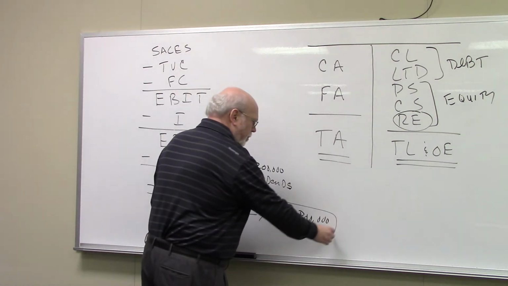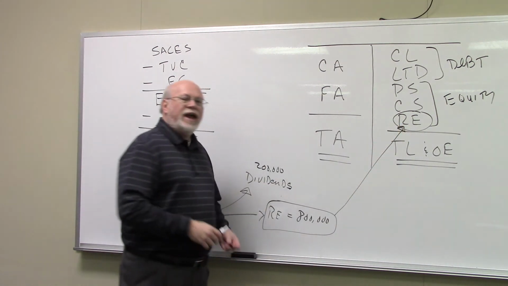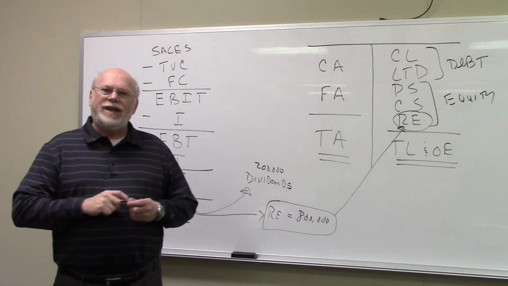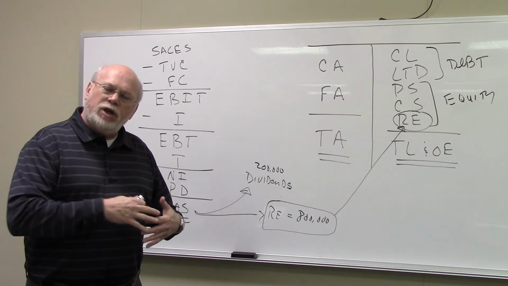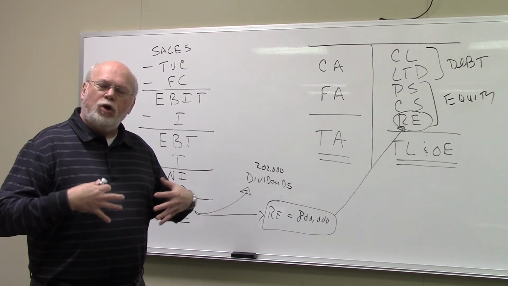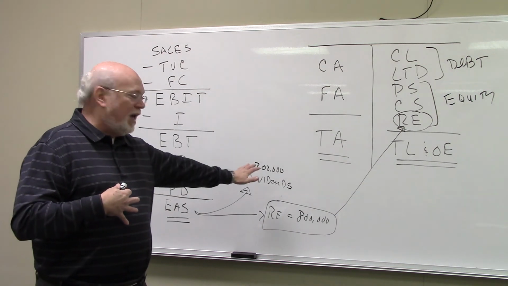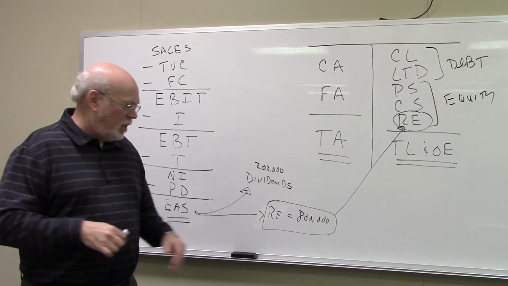And this money right here goes into that account right there. So retained earnings is kind of an accounting thing, and it tells us over the whole life of the company how much money we shareholders have not taken out in dividends, but rather reinvested in the company.